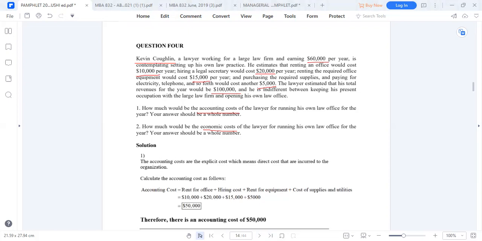What are accounting costs and what are economic costs? One is out of pocket.